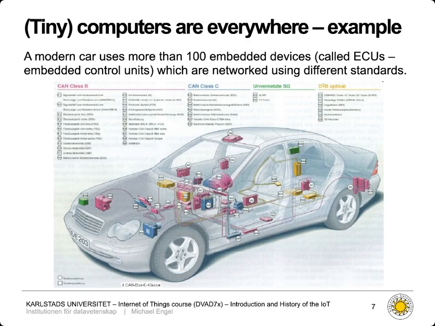And there are different networking standards. Most of them in a car today are wired, but increasingly you can also find wireless standards in cars. So cars using Wi-Fi, cars using 3G, 4G, 5G communication, for example, to alert the authorities when you're in an accident, stuff like that. So a modern car nowadays is full of computers.